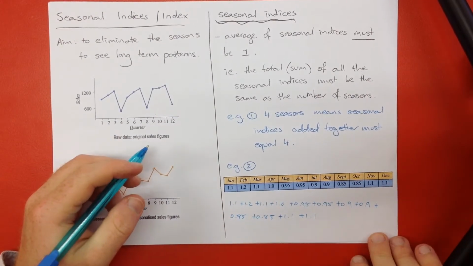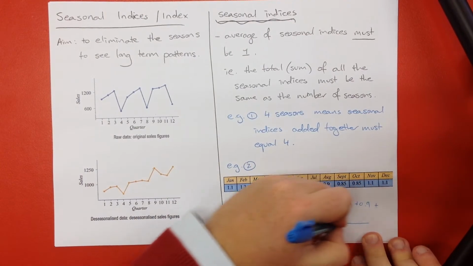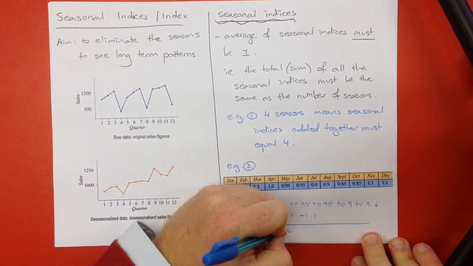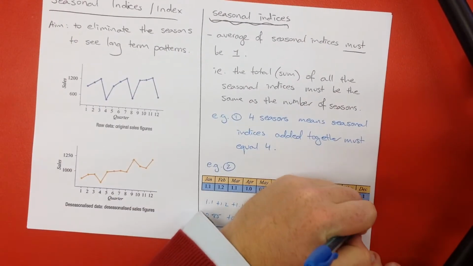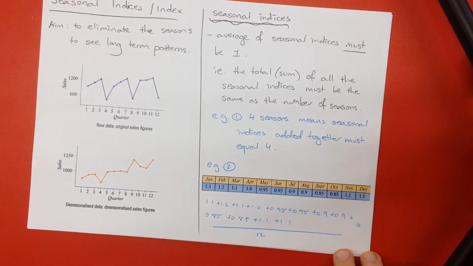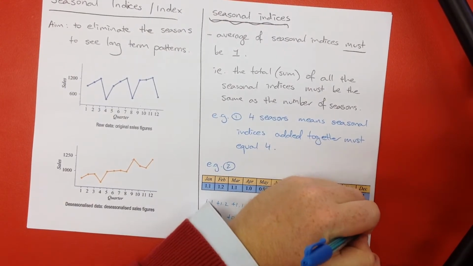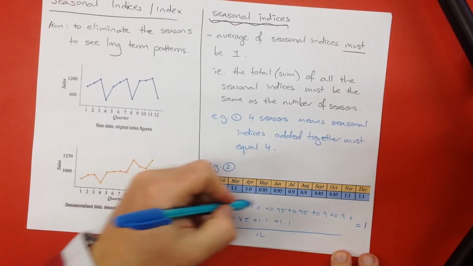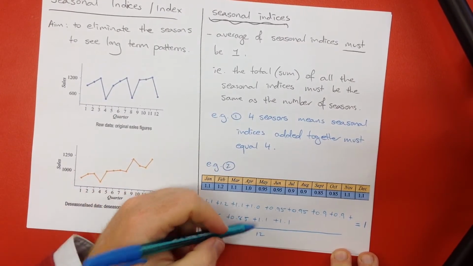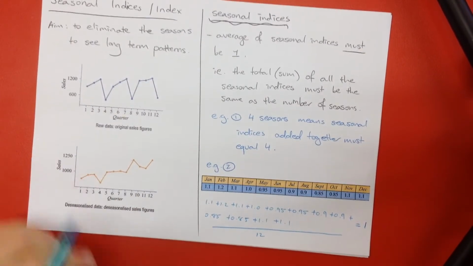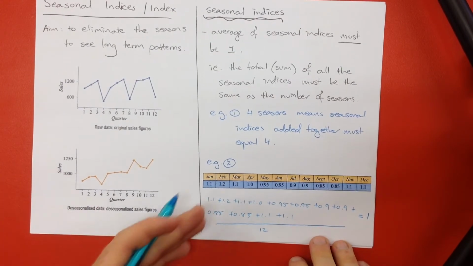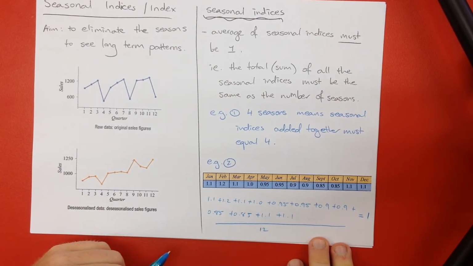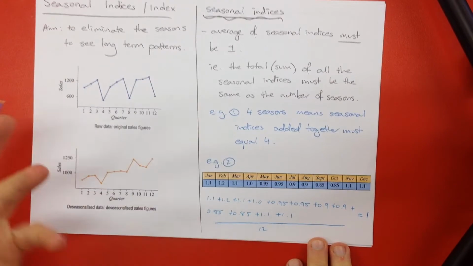You'll remember the mean or the average is add everything up, divided by the number of data, 12. When I do that in my calculator, let me just check that. Yep, that is 1. So all of these added up to 12, and then 12 divided by 12 was 1. What does that tell us? That just tells us that the person who made these seasonal indices for this data was correct.